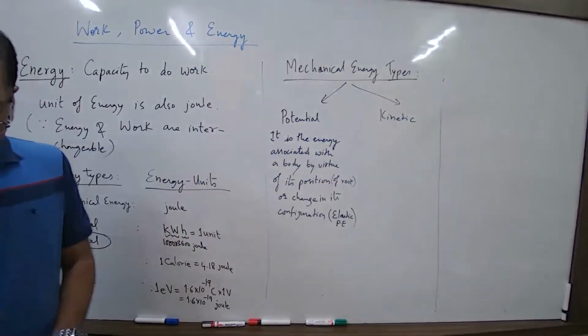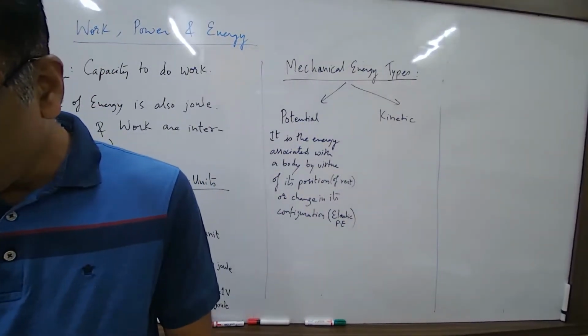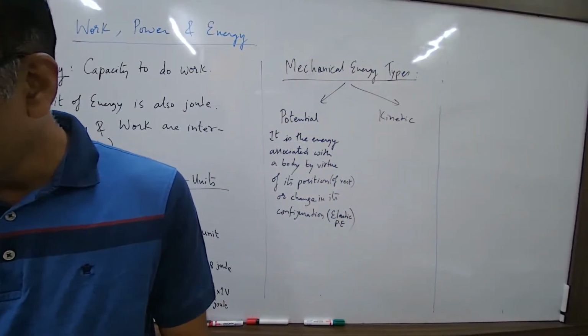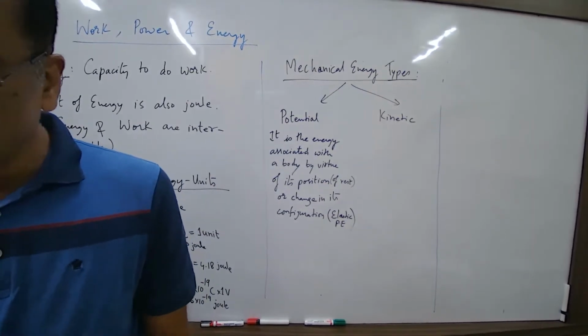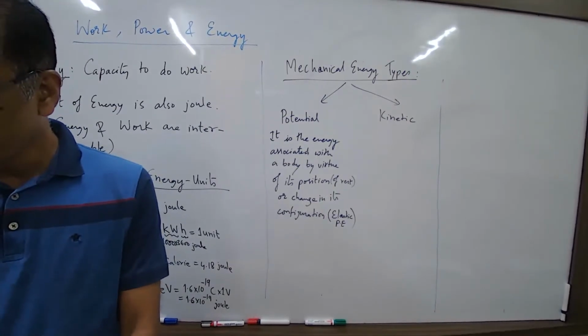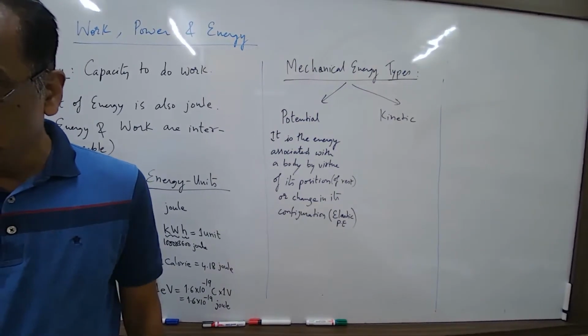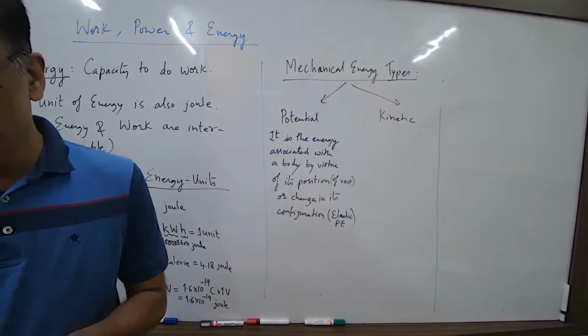So you must have realized how potential energy enters the object: whenever we are working on a body against some force acting on it. There is a gravitational force acting. So whenever you work against some force acting on a body, only then is there potential energy involved.